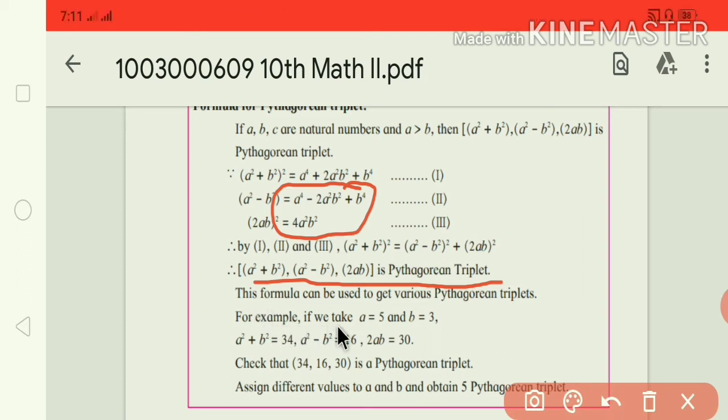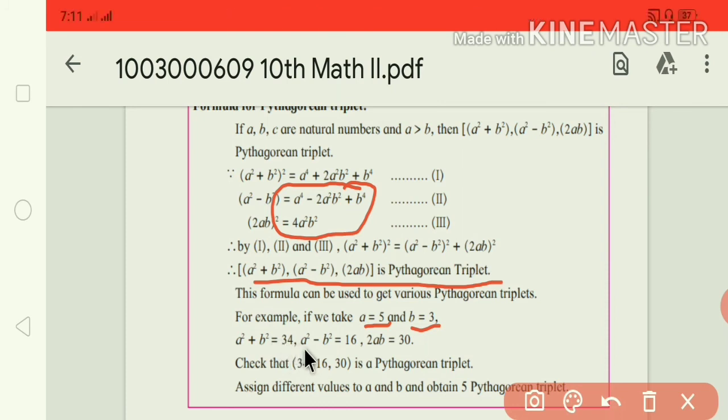Now for example, a is equal to 5 and b is equal to 3. Therefore a square plus b square means 5 square plus 3 square, meaning 5 square is 25 and 3 square is 9. 25 plus 9 is equal to 34.